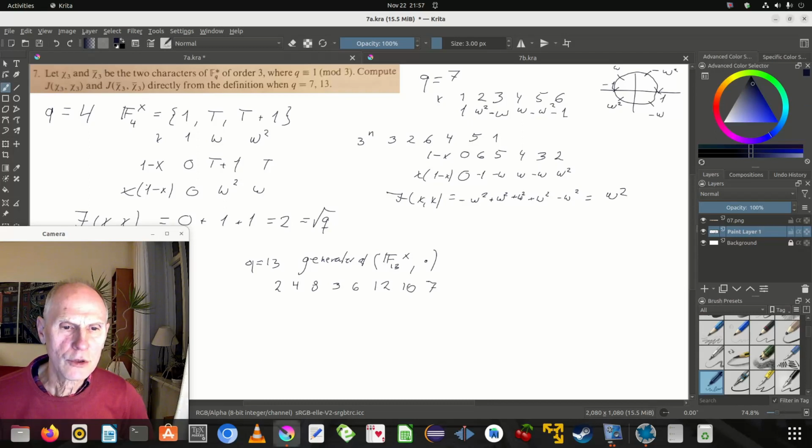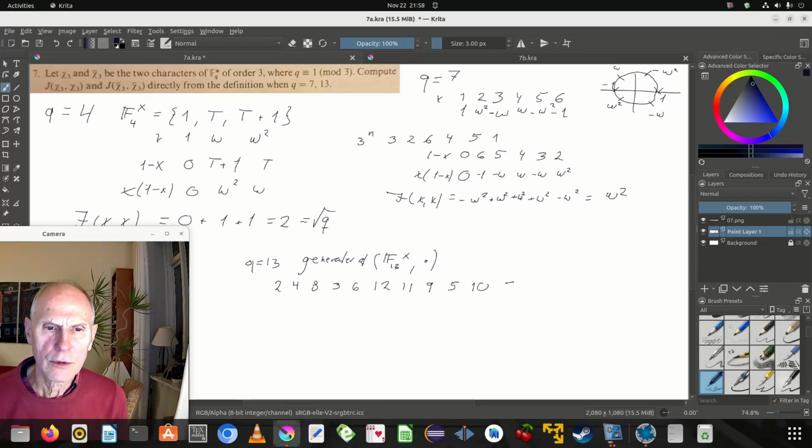Minus 1, that gives minus 2, that's logical, but 12 times 2, that's 24, minus 13, that's 11. Oh yeah, it's 11. 11 times 2 is 22. That's minus 4. That's 9. 18 equals 5. 10, 20 equals 17. 14 equals unity. Excellent.